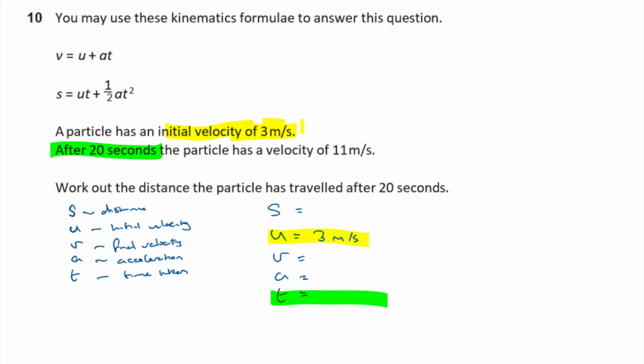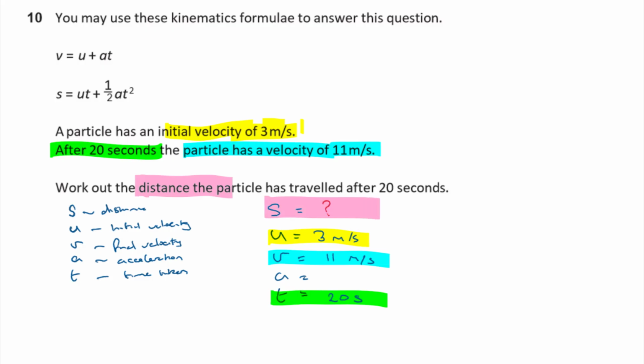So t is time, 20. The particle has a velocity of 11 meters per second, so that is your final velocity, isn't it? So you've got initial velocity of 3, final velocity of 11. Work out the distance the particle has traveled after 20 seconds. So the distance, that's the one we want to find.